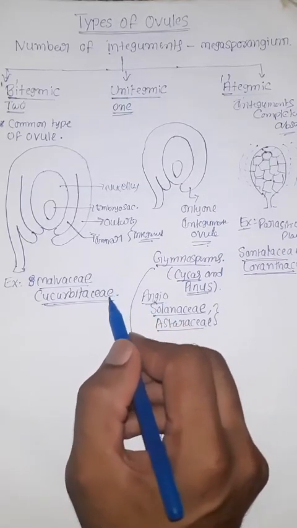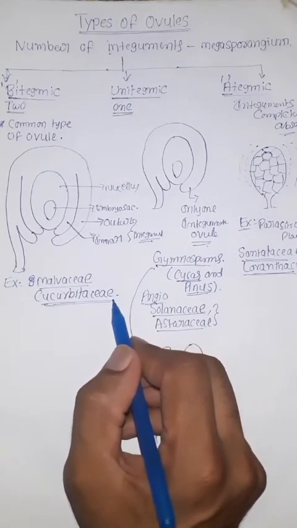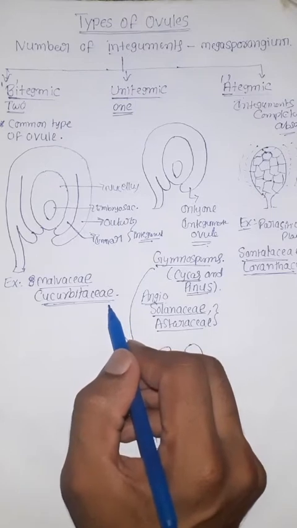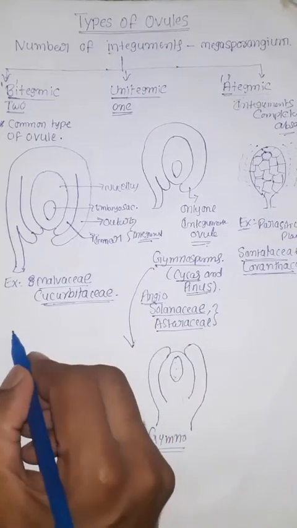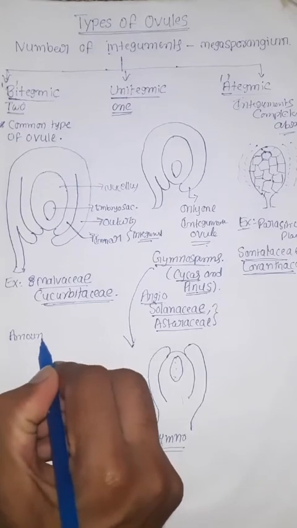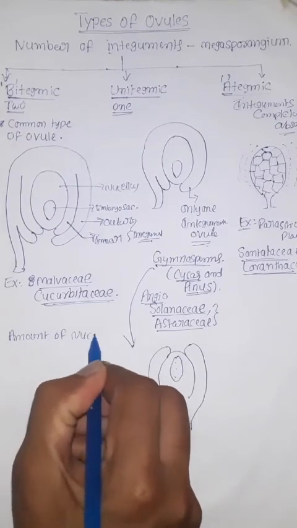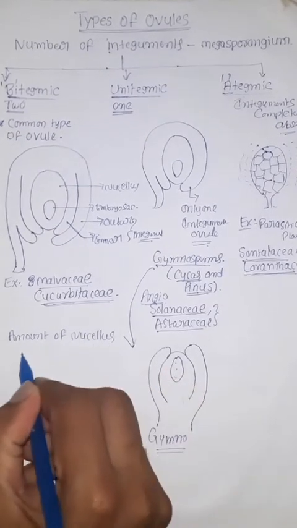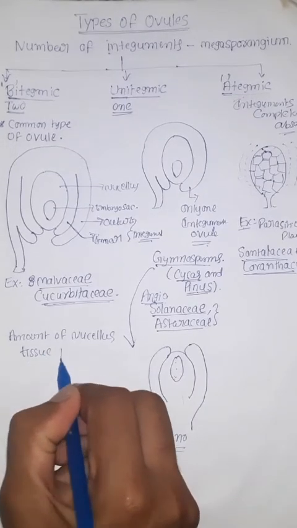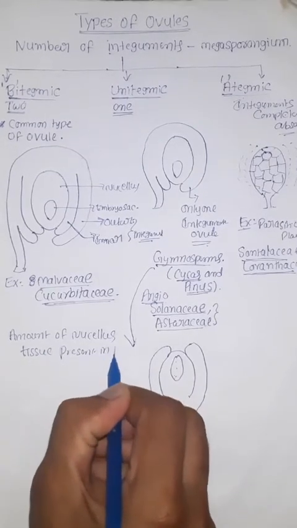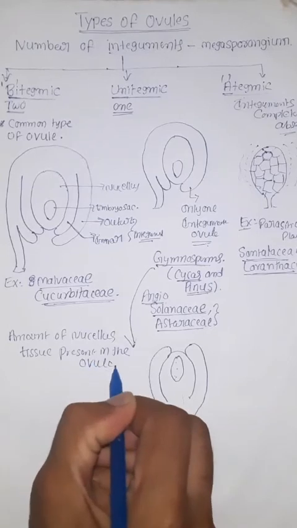And here we have to know one more important classification of ovules, that is the classification based on the amount of nucellus tissue present in the ovules.